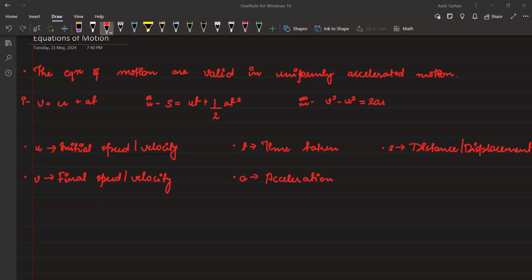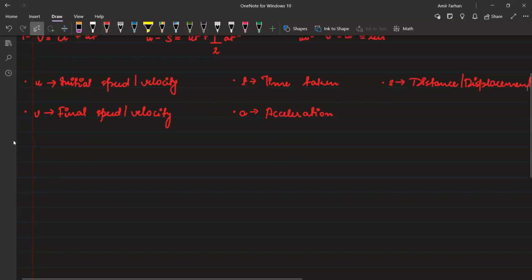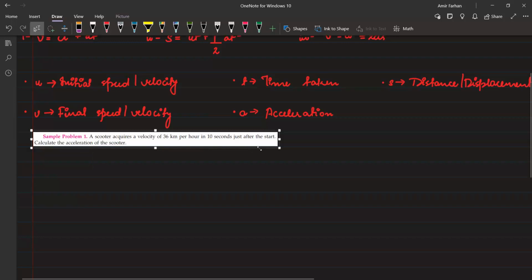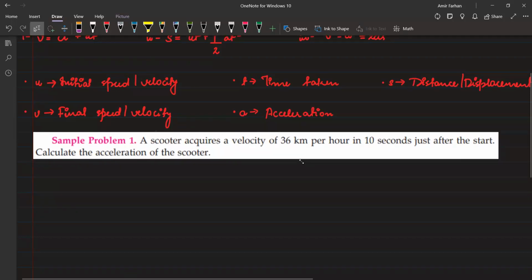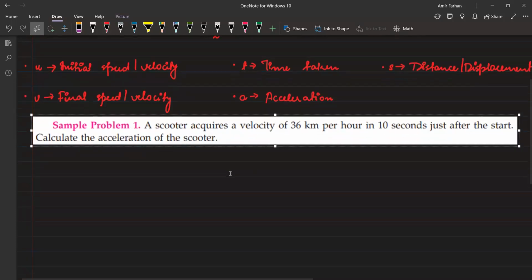So let's do the first question. Based on this, understand what things are given and which equation we have to use. Here is the first question of this topic.